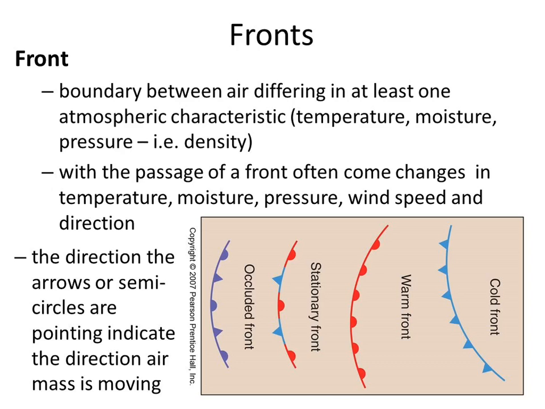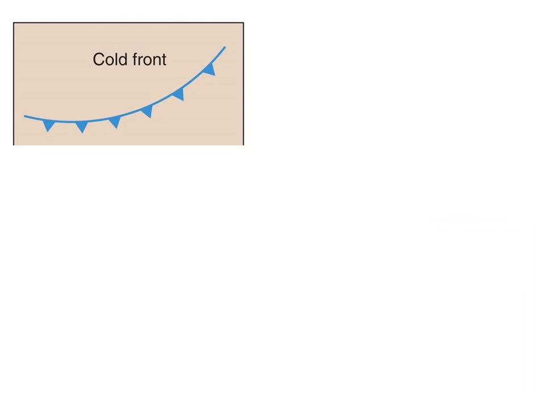I'll show you in a minute. So let's look at each of those four. A cold front, and I put this on my little hints for your test on Friday. Notice the direction of the triangles, it's pointing this way.